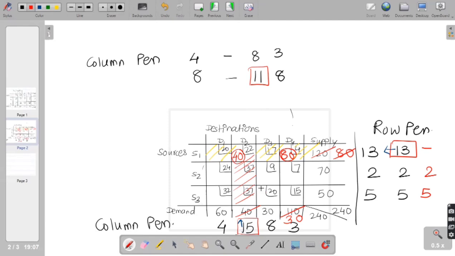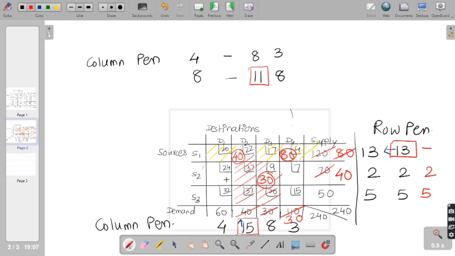That means destination D3, and in D3 the smallest transportation cost is 9, which corresponds to source 2 and destination 3, where we are required 30 units and the available units are 70. Therefore we can give all 30 units that are required at D3, and that is how the requirement at this destination is fulfilled, satisfied. So there are no more units required at destination 3, but from source 2 we have utilized 30 and we are left with 40 more units.